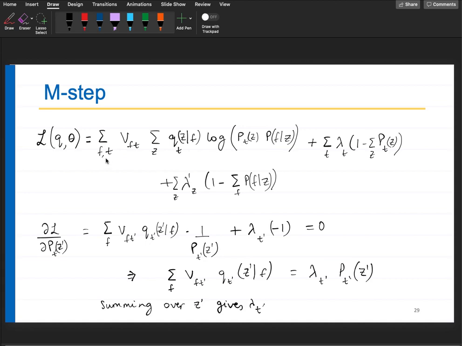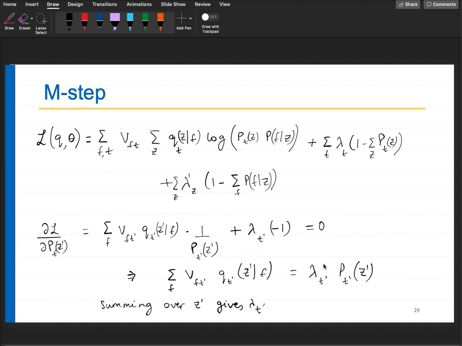So all T are not appearing, only T' will appear. Similarly here, this is a function of T and Z, so T' and Z' will appear. And this quantity is P(T|Z). So 1 upon P(T|Z), that's it, plus this term minus lambda T'. You make it equal to 0, exactly like you did in the GMM case.